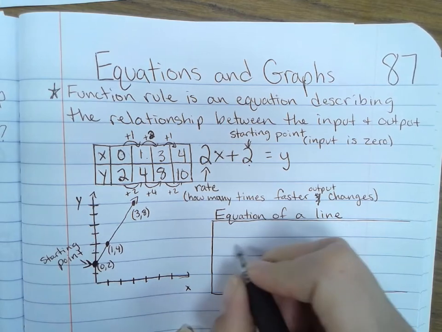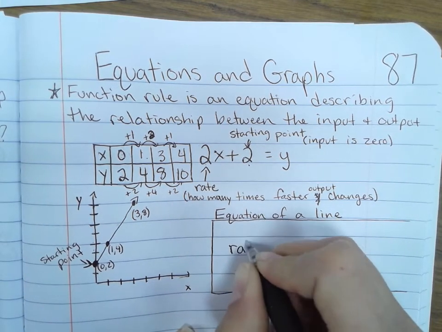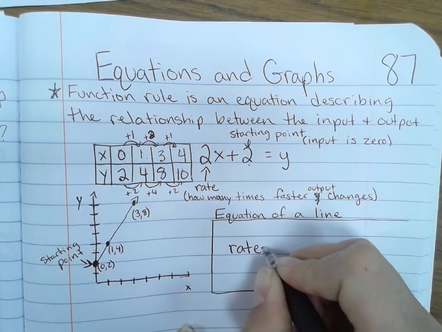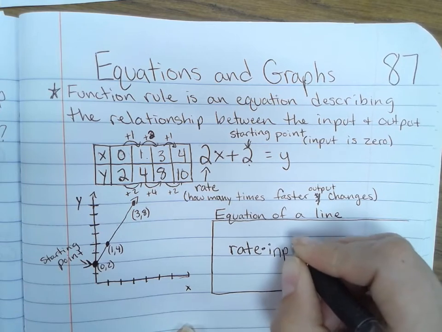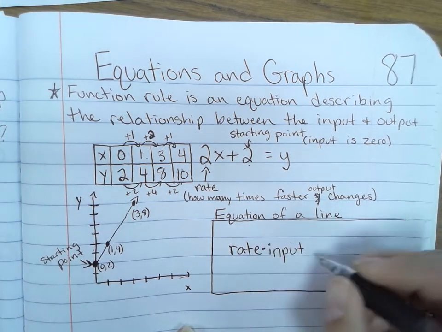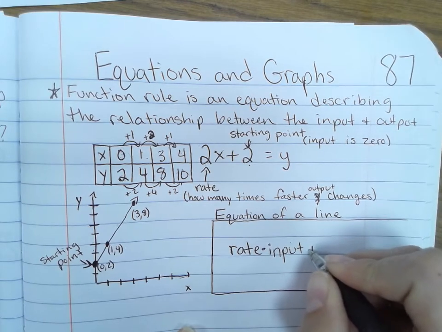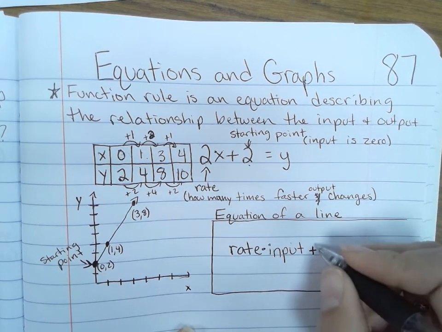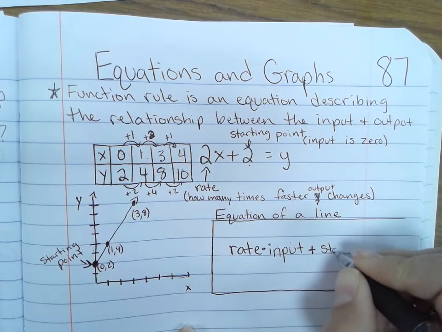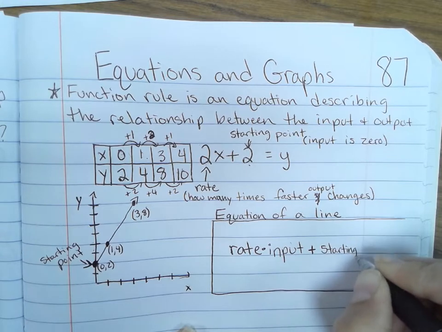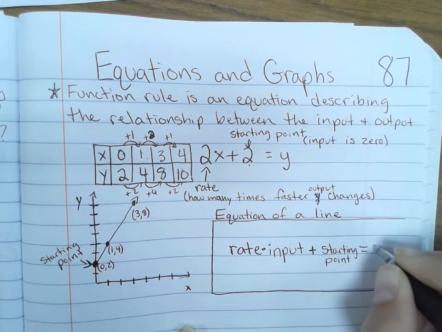Okay, an equation of a line is going to be the rate times the input plus the starting point to get your output.